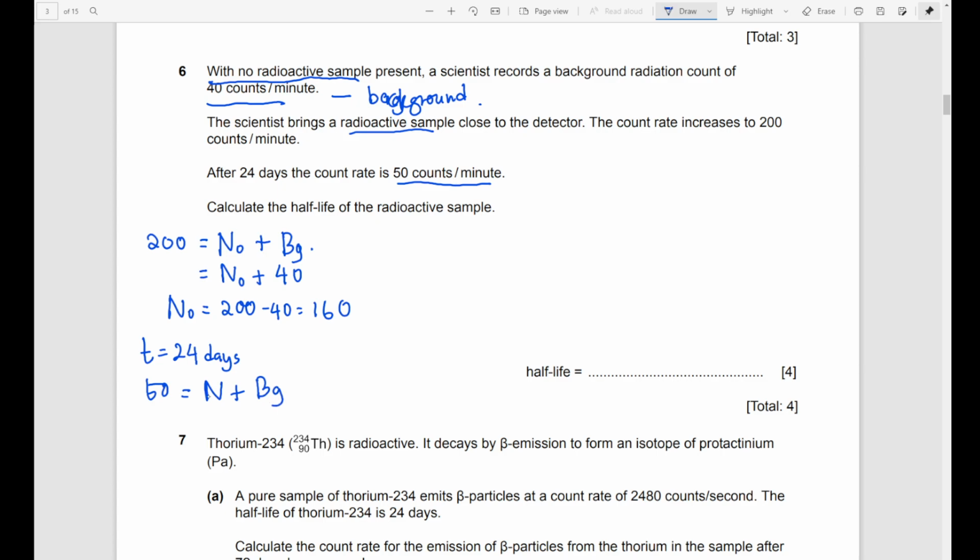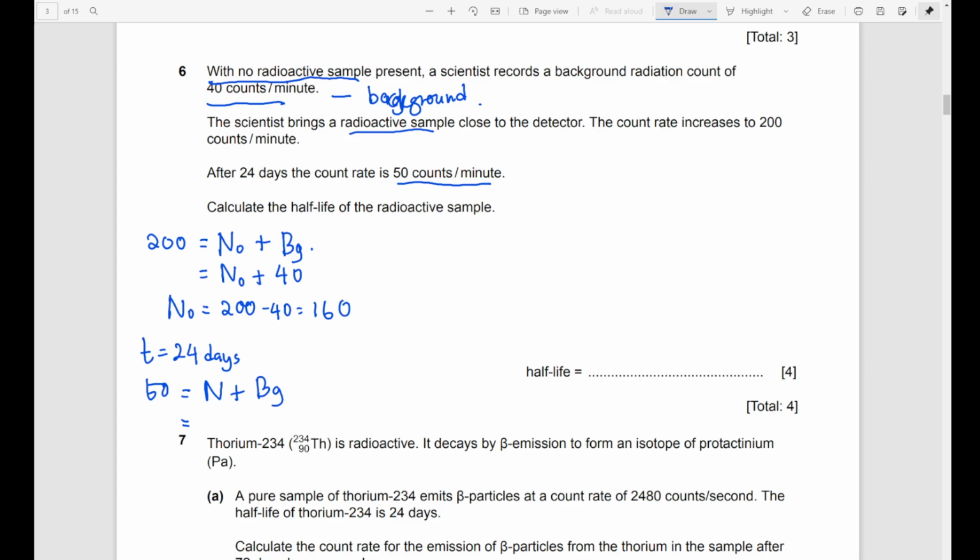Now I just put N here. N naught represents the initial reading, and N the reading after 24 days. So N plus background radiation, and the background radiation is the same for the same place.